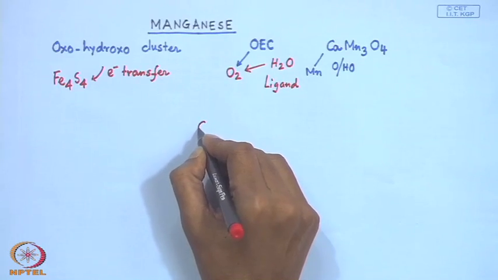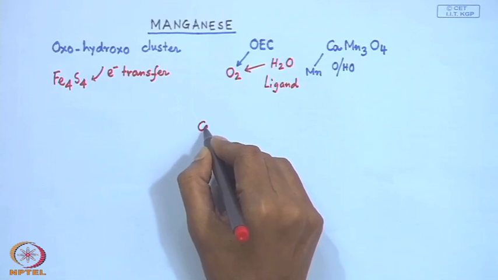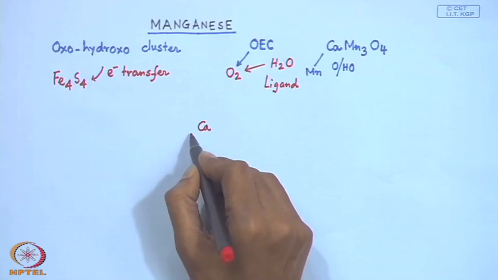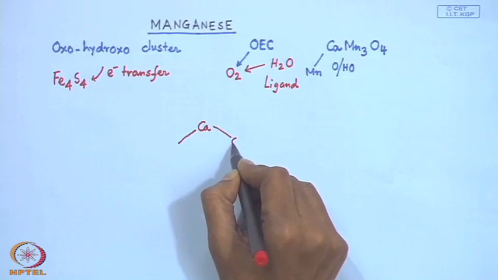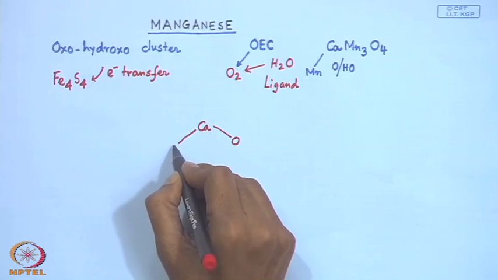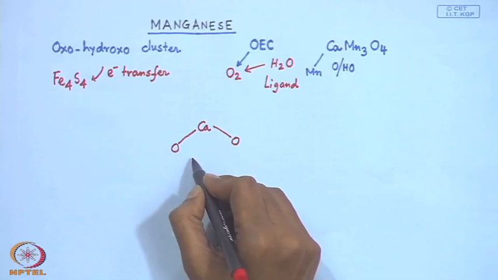So, if we just look at the basic structure only, you have calcium, and calcium, as we have seen last time, is also connected to the manganese.